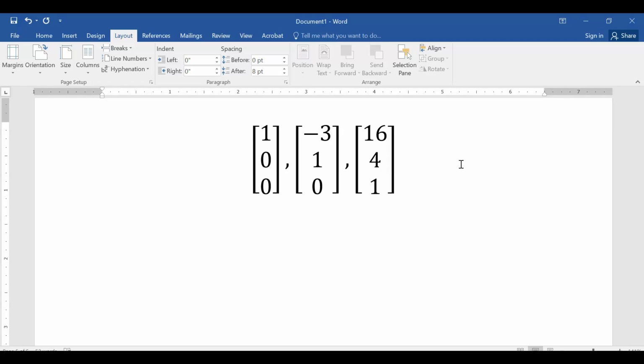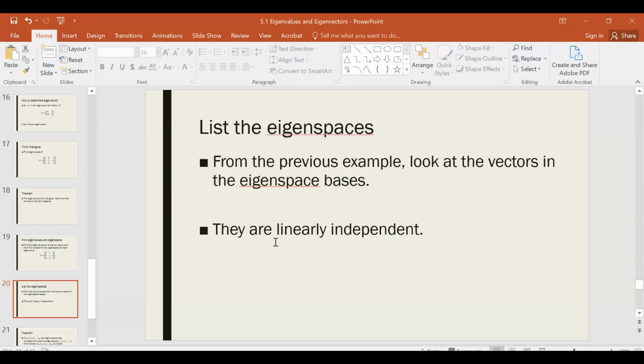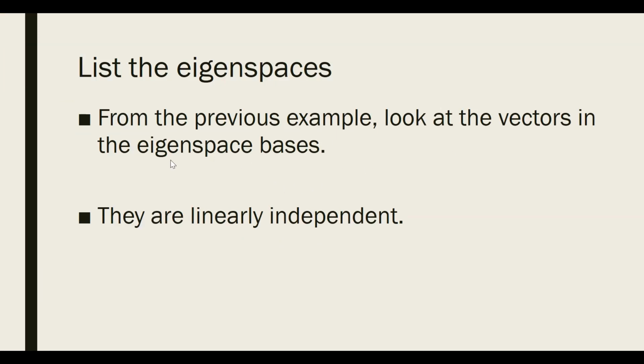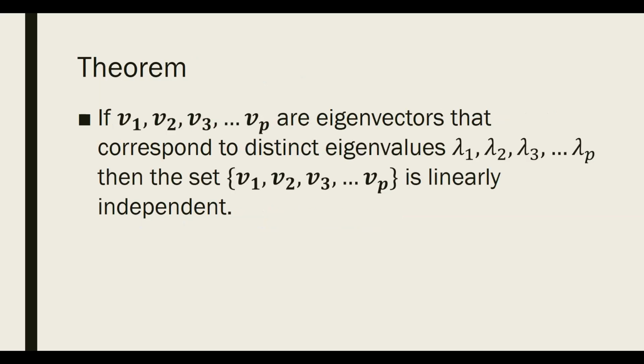Now, you don't always get enough vectors, but it turns out that if I have a bunch of eigenspace bases and I throw all of those vectors into one big set, all of those vectors will be linearly independent. All right?